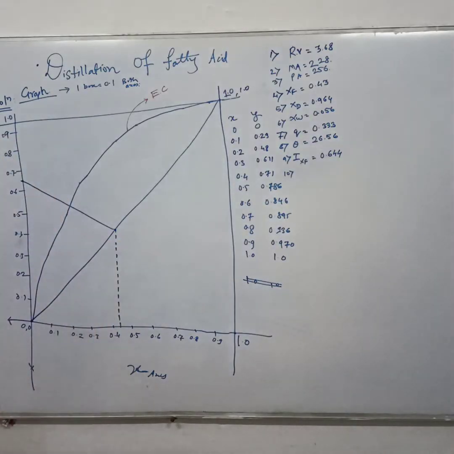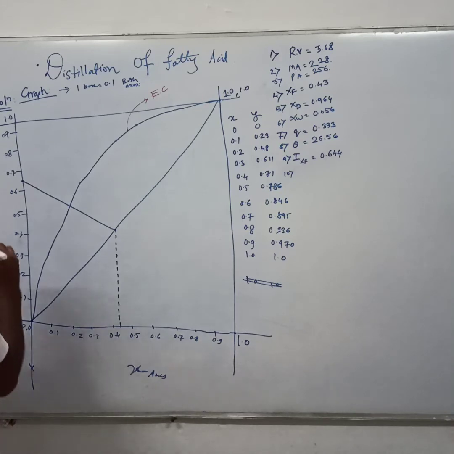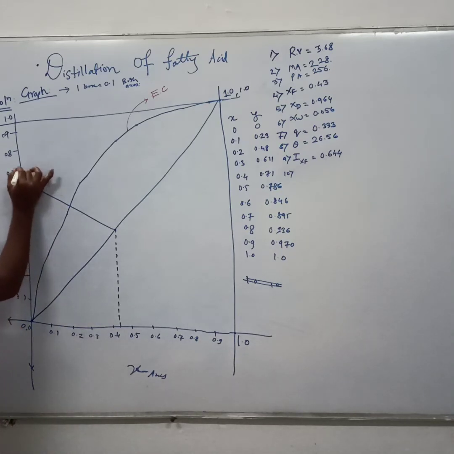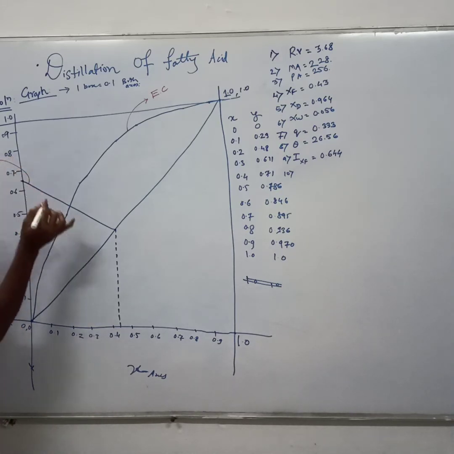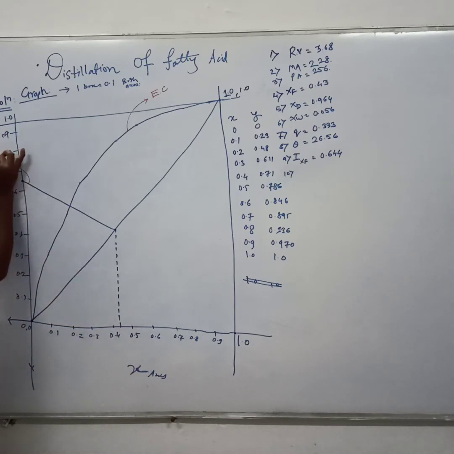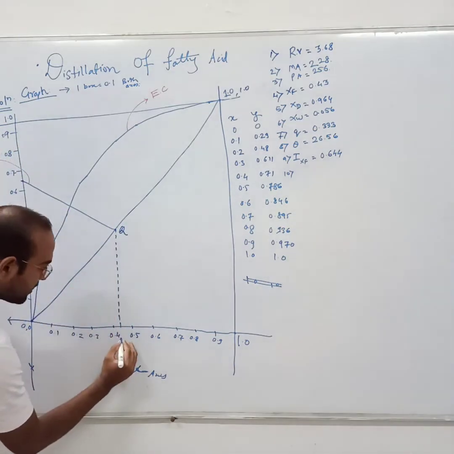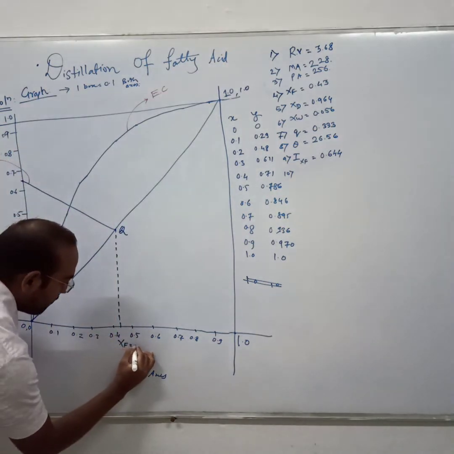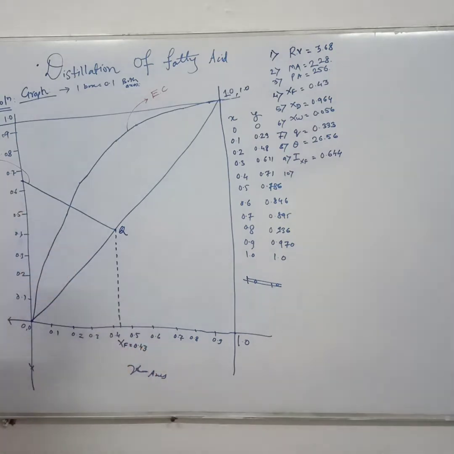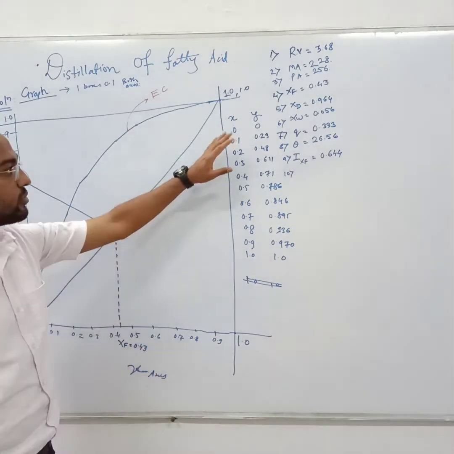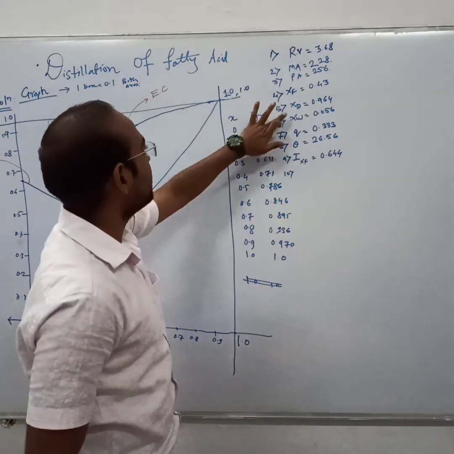So this is our feed line, denoted by capital FL. This is your point Q. This is XF, value of 0.43. Now after XF we will move on to XD.